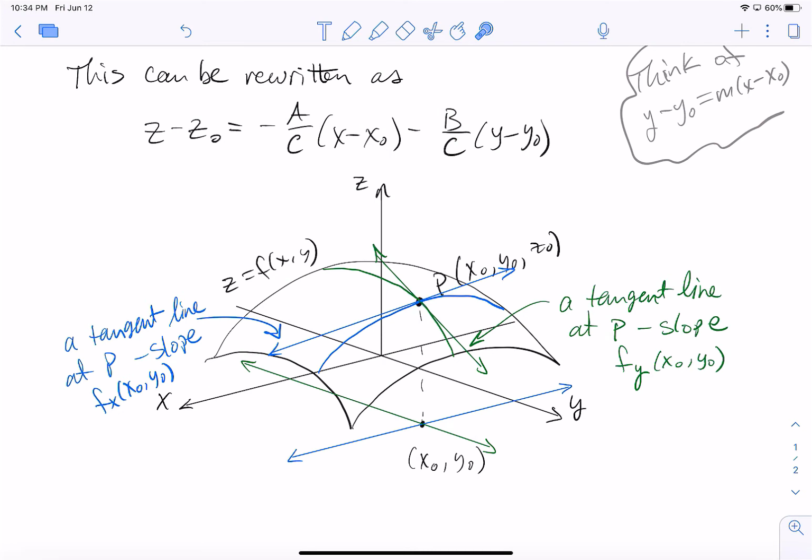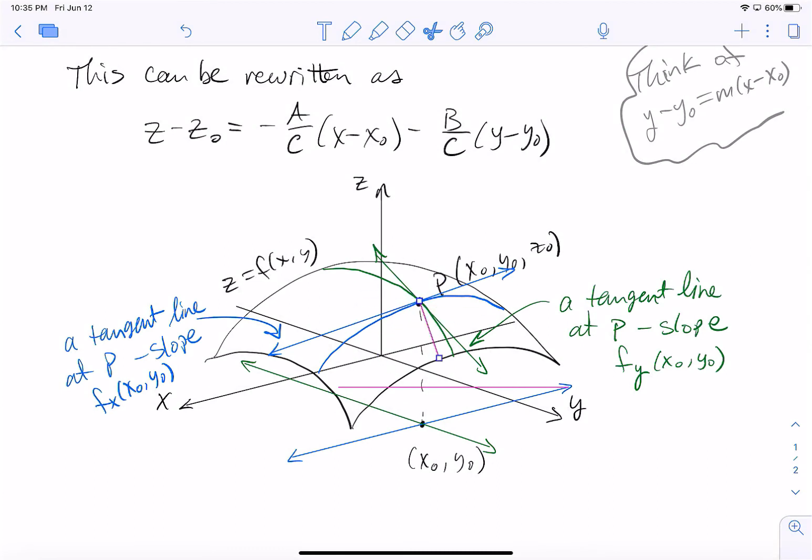There are actually an infinite number of tangent lines, and they can go out in all directions. If we were in a physical classroom, I would probably twirl a pencil on some round object. But what you can see here is basically all of the tangent lines to the surface at P.